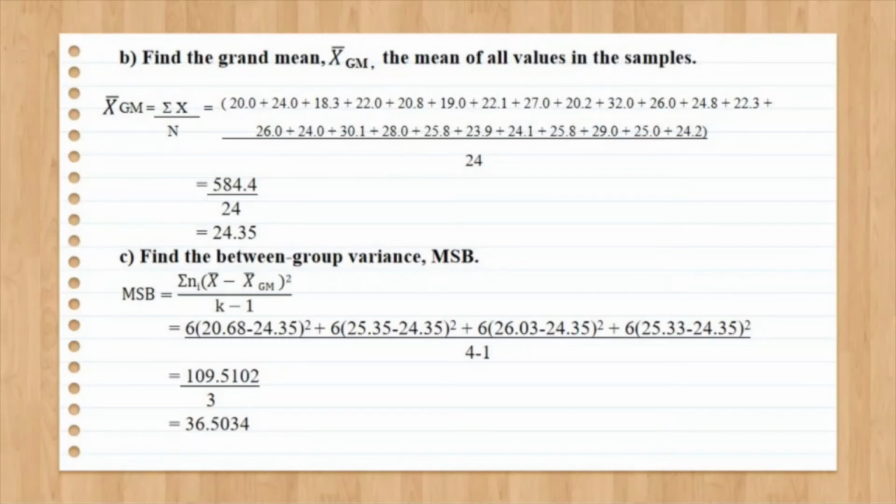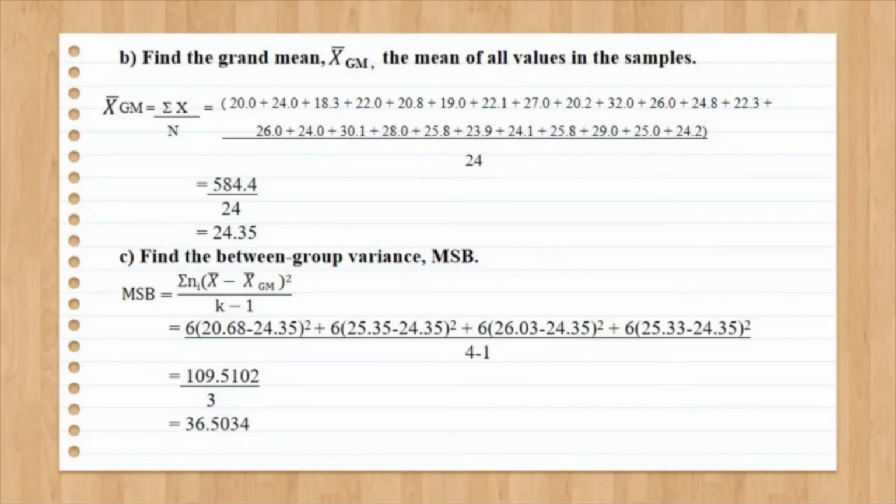The formula for grand mean is sum of x divided by n, equals 20 plus 24 plus 18.3 plus 22 plus 20.8 plus 19 plus 22.1 plus 27 plus 20.2 plus 32 plus 26 plus 24.8 plus 22.3 plus 26 plus 24 plus 30.1 plus 28 plus 25.8 plus 23.9 plus 24.1 plus 25.8 plus 29 plus 25 plus 24.2, divided by 24.